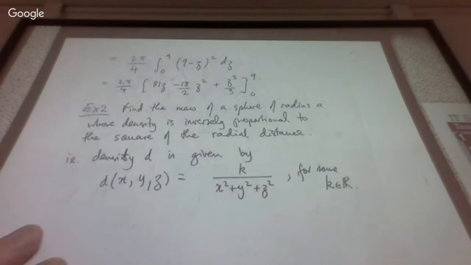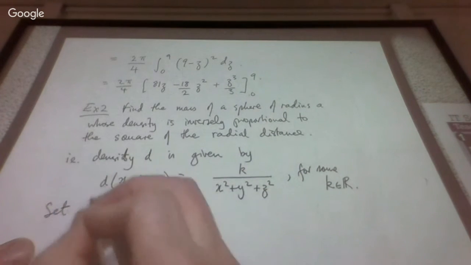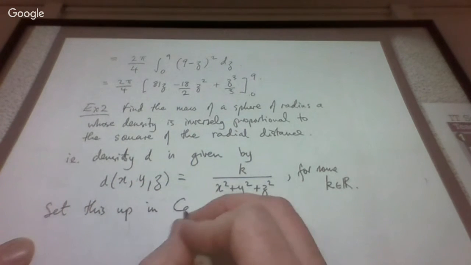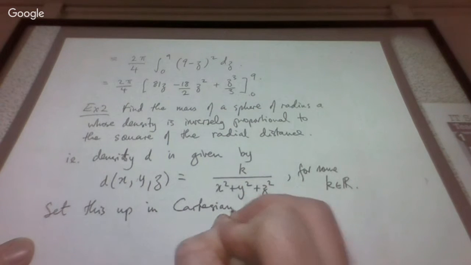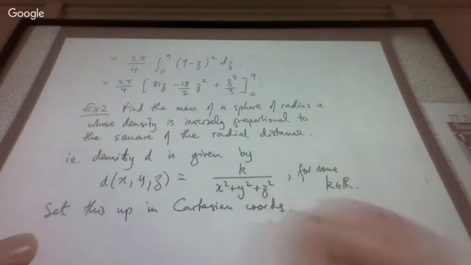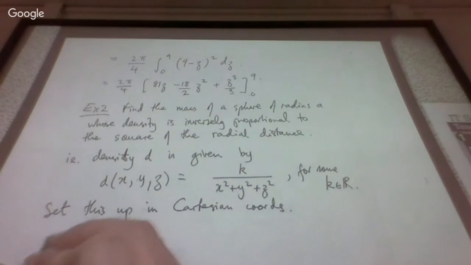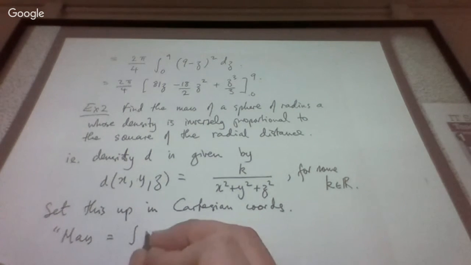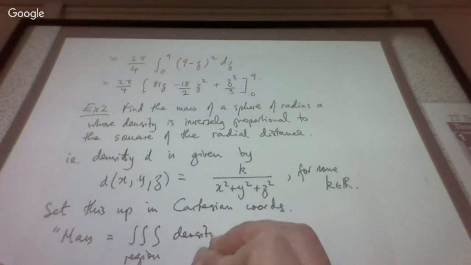So we could set up this integral then. We could set this up in Cartesian coordinates, and then make the transformation into polar coordinates. Now the general principle is that you get the mass by integrating the density function over the region.